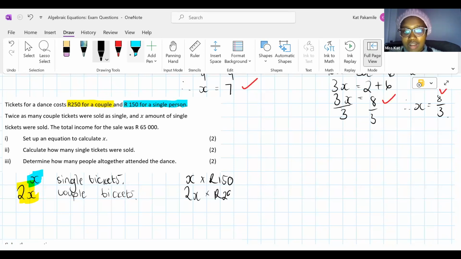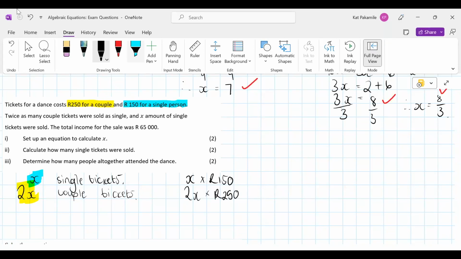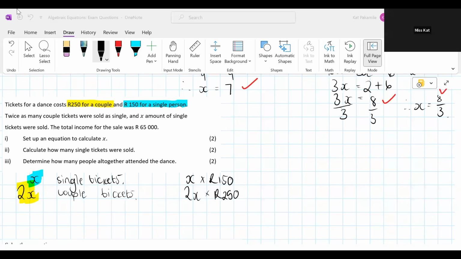I know I might have lost some people here, so I'm gonna stop and ask who's lost. Is Nobisa lost, or is Nobisa's hand still up from the previous time? Okay, Bontle's still with me. Anyone lost? Okay, you guys are still good.